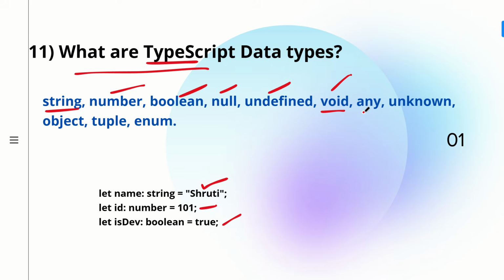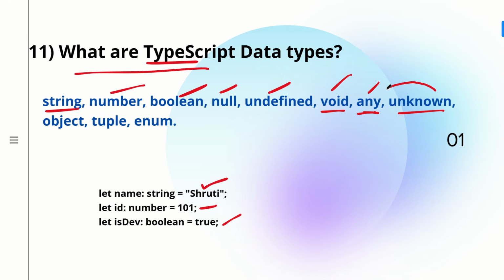Then we have any, which means your variable can have anything. It is like making a TypeScript variable similar to JavaScript, so there will be no check on the variable, it can have any value. Then we have unknown. Unknown means the variable type is not known at the time of writing the variable. So currently we don't know the type of the variable, but in future we might. It is safer than any.